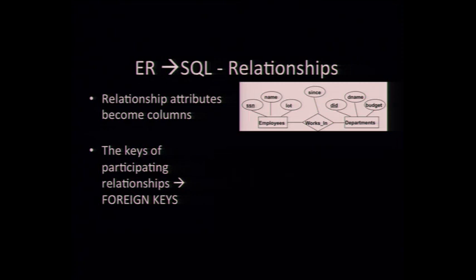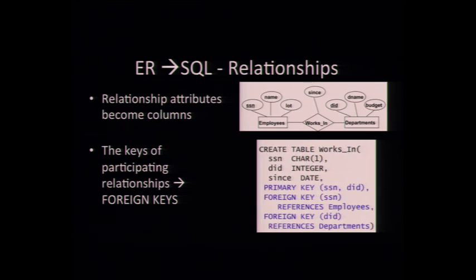So to capture that, the keys of the participating entities become foreign keys to the entities that they're talking about. So what that looks like for this SQL example is that you have works in, which has foreign keys for the employee's key, which is SSN, and the department ID, which is from departments.